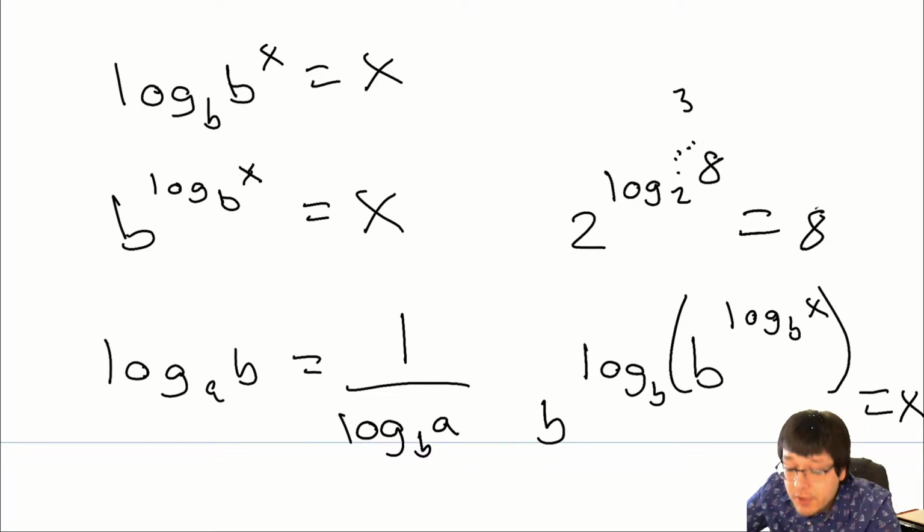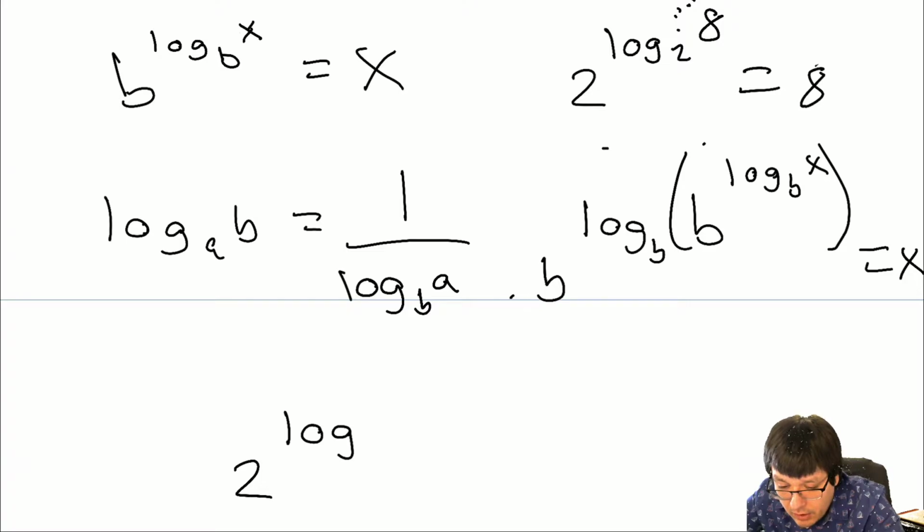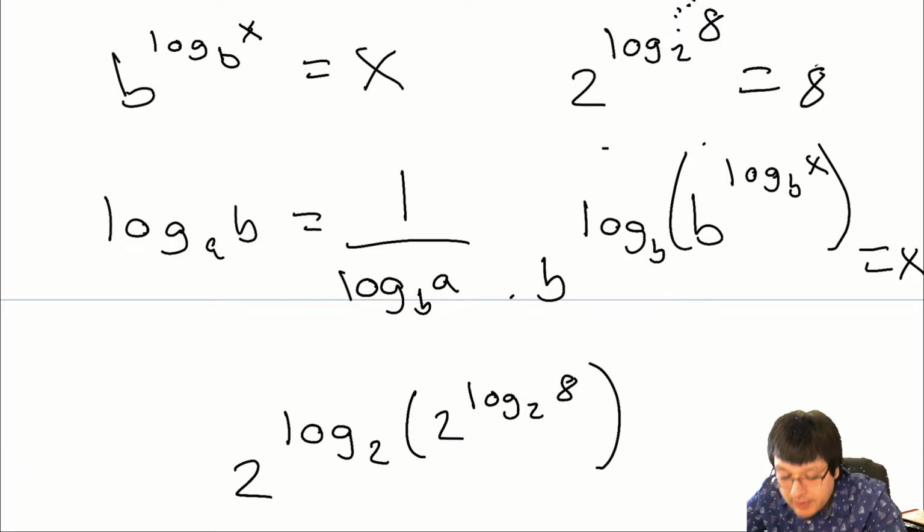Because we know that the inner part is going to be equal to, if we plug in the numbers up here, 8. And then we take again the log of that, which is equal to 3. And then we take 2 to the power of 3, which is 8. So that's like saying 2 to the log_2 of 2 to the log_2 of 8, right?